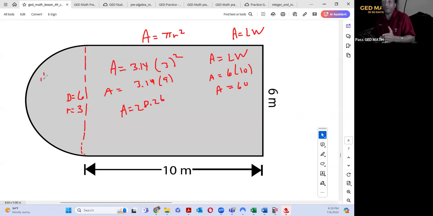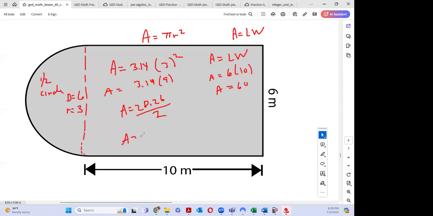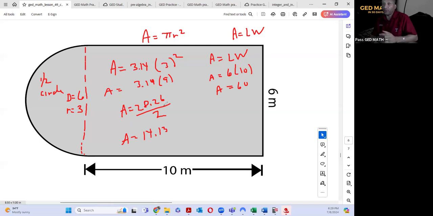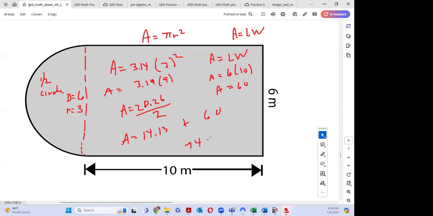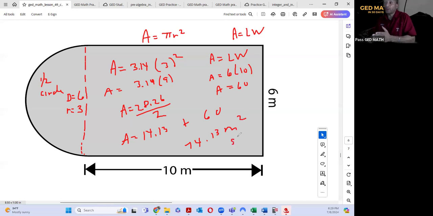We only have a half of a circle. So we must divide that number by 2. So the area of this half circle is 14.13, plus the area of the rectangle, which is 60. We get 74.13 square meters, because remember, we're talking about area now.